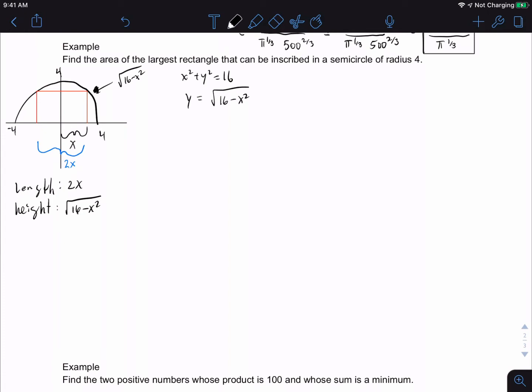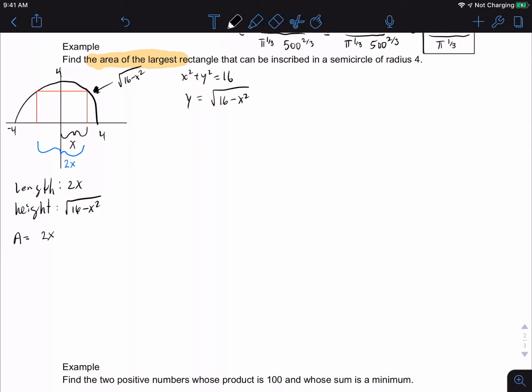Right? And so the area of the rectangle, because they're trying to get us again in this problem, they're going after the area that's largest. That means we're obviously going to have to take a derivative. And so the area of a rectangle is length times width.